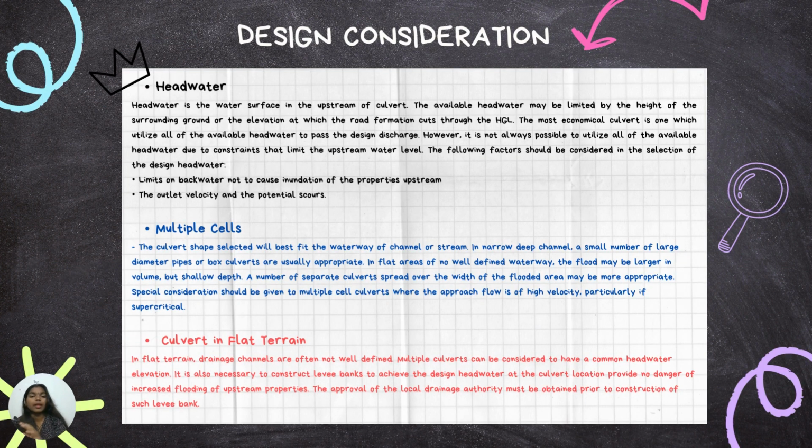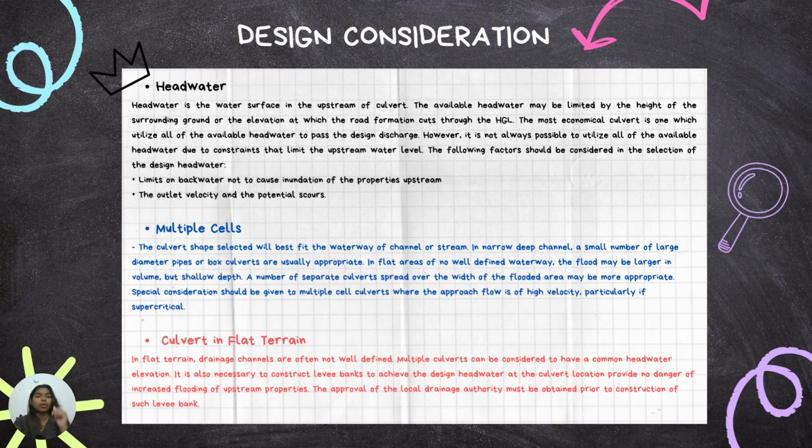Next, design considerations. We have three types, which are headwater, multiple cell, and culvert in flat terrain. Headwater is the water surface in the upstream of the culvert. Available headwater may be limited by the height of surrounding ground or the elevation at which the road formation cuts through the hill. The most economical culvert is one which utilizes all of the available headwater to pass the design discharge.